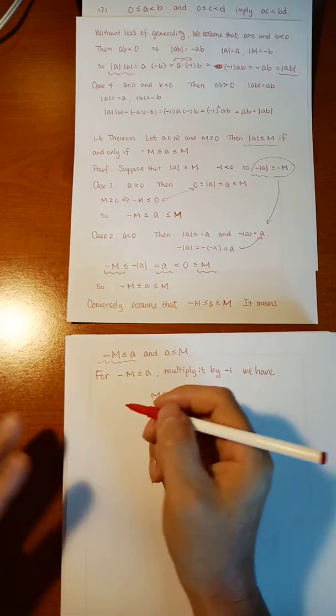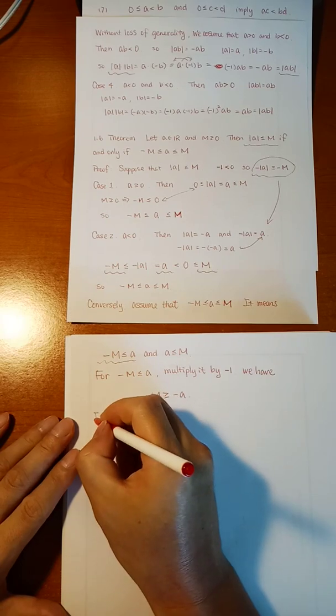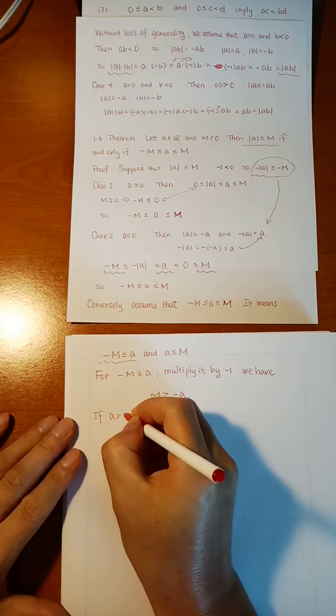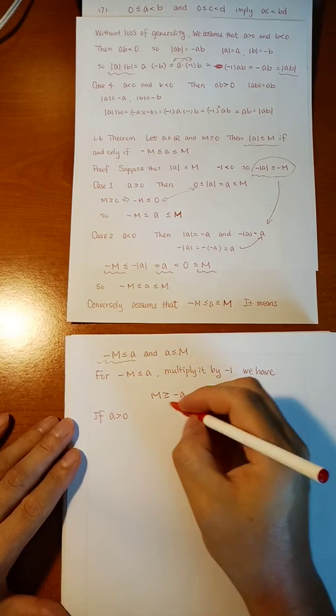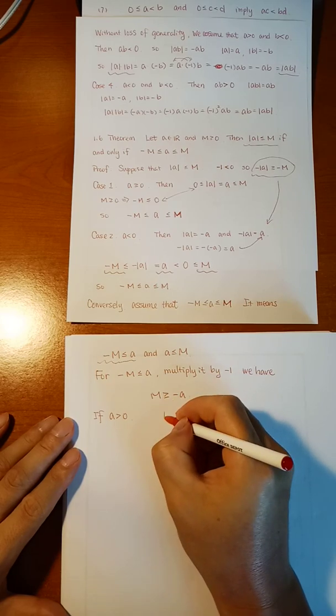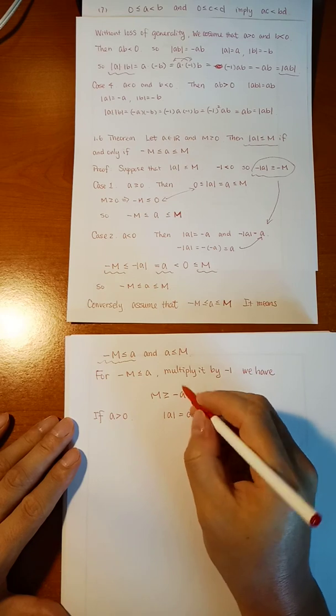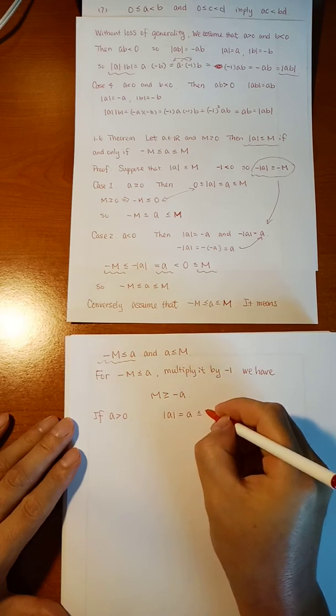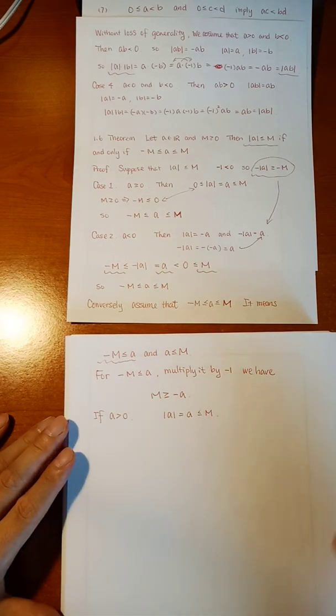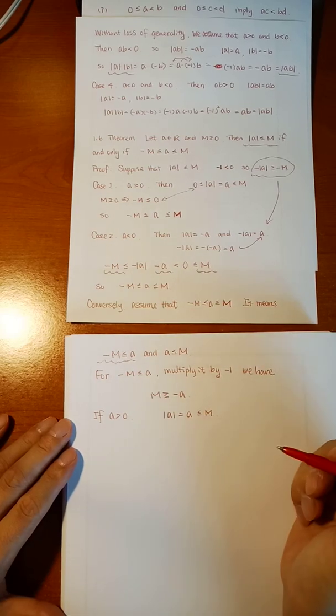Okay, now let's see. We're talking about a. If a is positive, then the absolute value of a is equal to a. A is less than m. And that's it. So we get the first one.